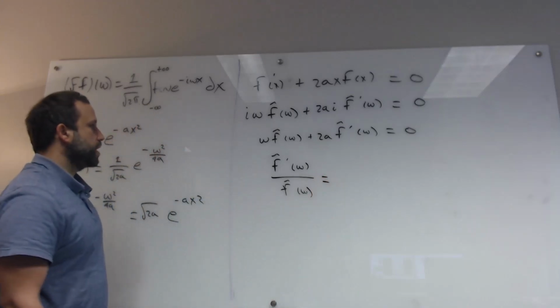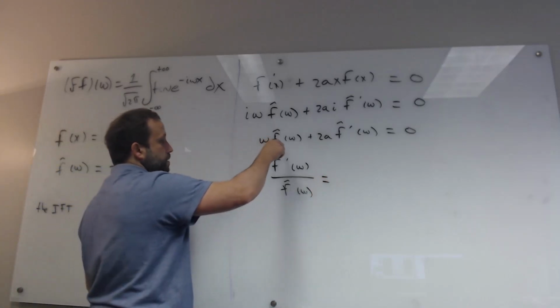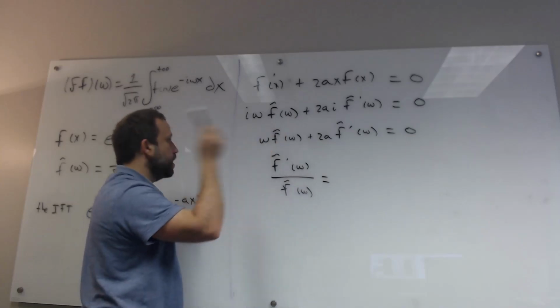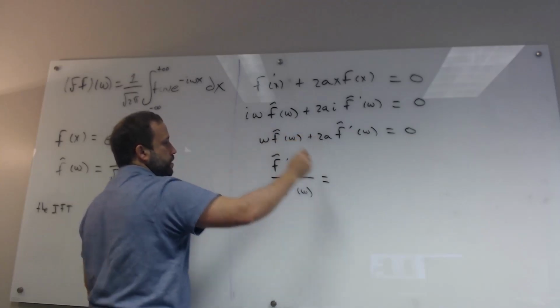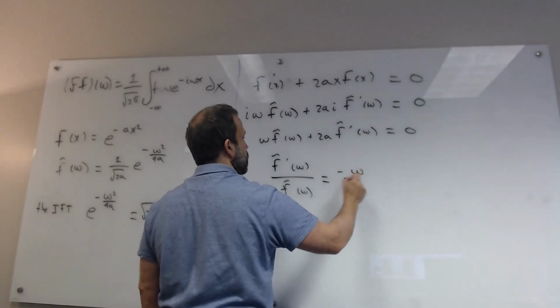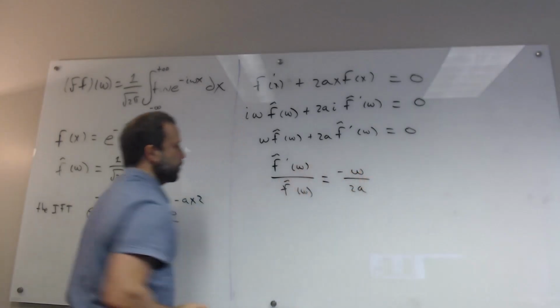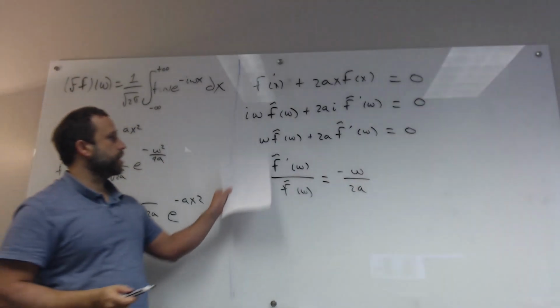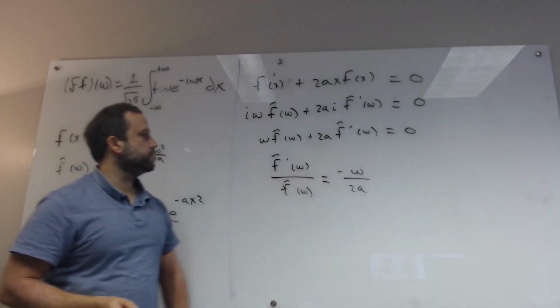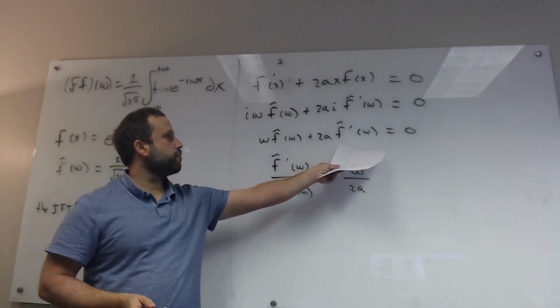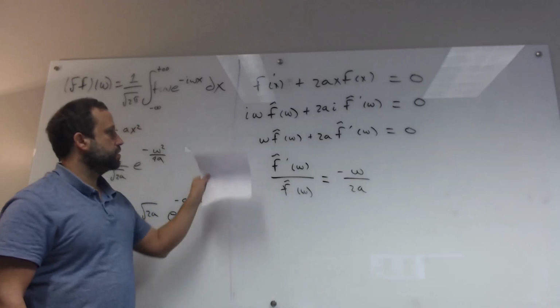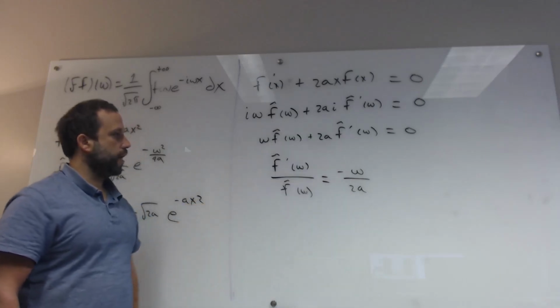is going to be equal to what? If I divide by f hat of omega, it's just 0 over there. I've got f hat prime over f hat equal to minus omega over 2a. I subtract the omega, then divide by 2a.